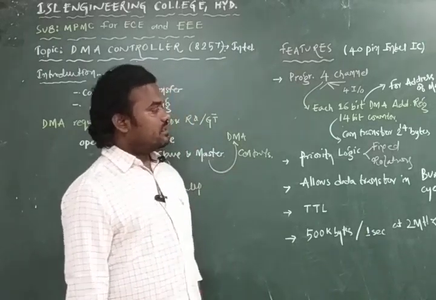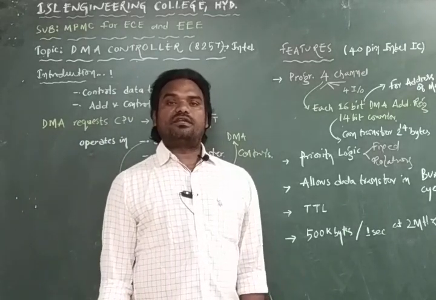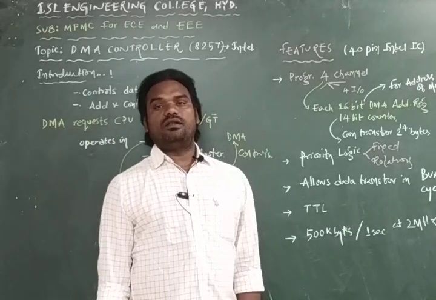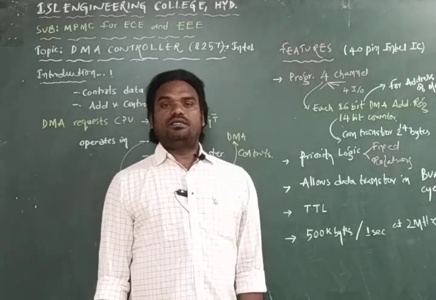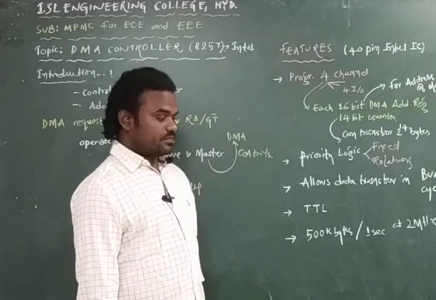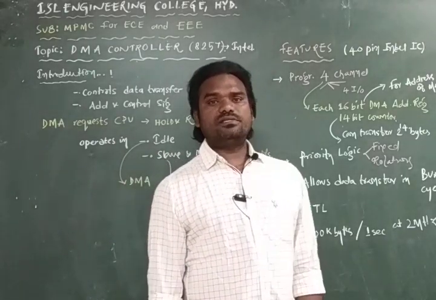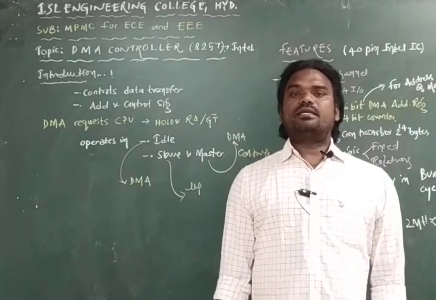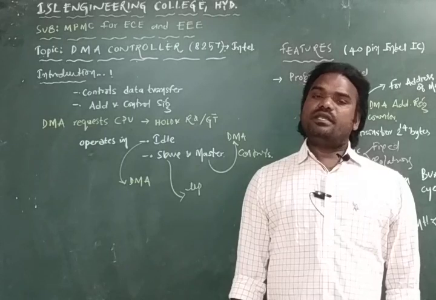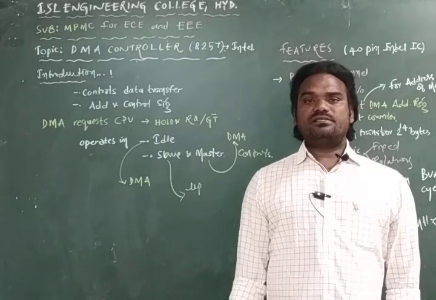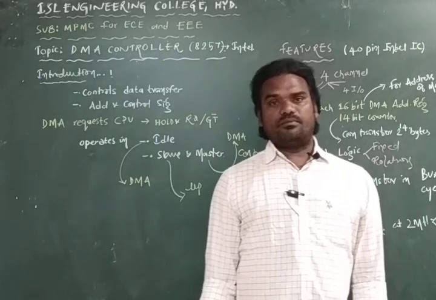In this lecture, I am going to talk about another important interfacing device, that is called a DMA controller. DMA stands for Direct Memory Access. The microprocessor is a multitasking integrated circuit, so various input-output devices can be interfaced with it at a time.